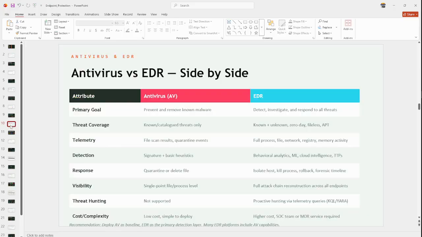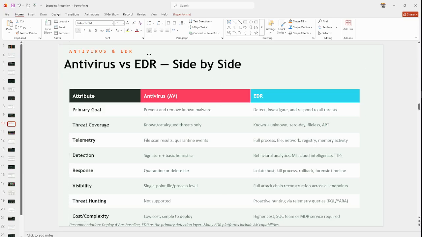Now you understood the difference between EDR and AV. Now you have a side by side comparison. Let's see what we have in the presentation.